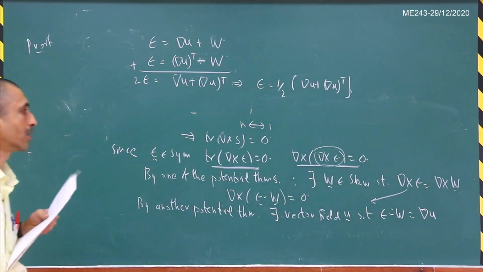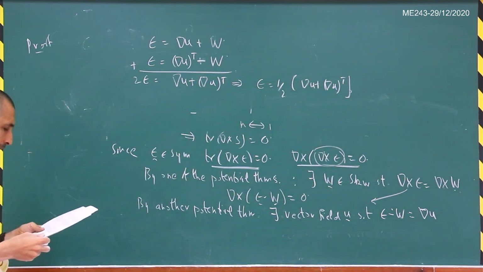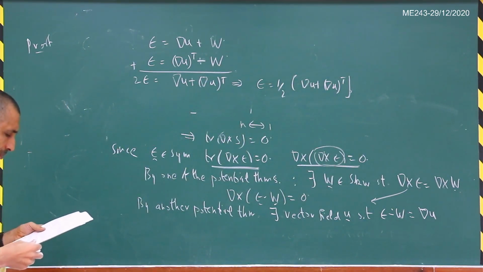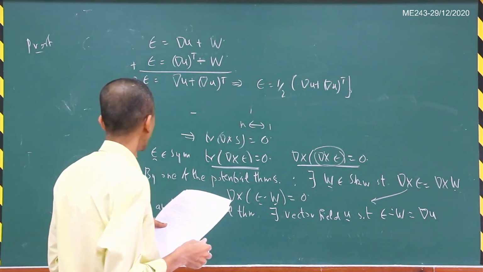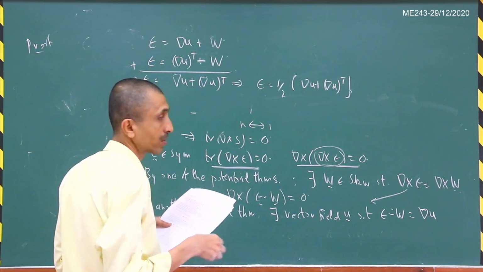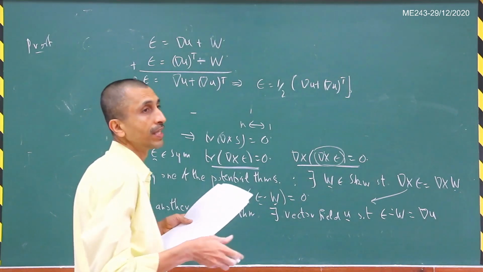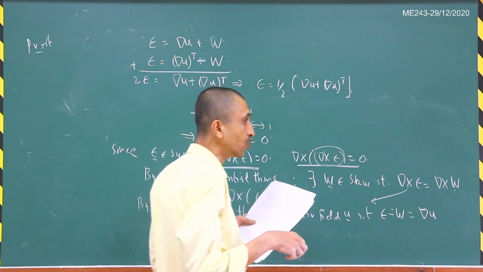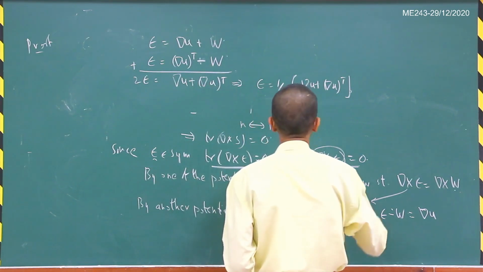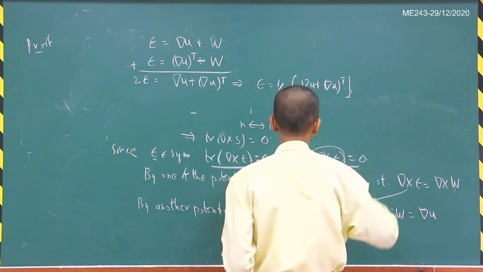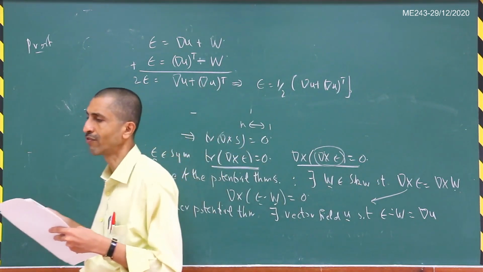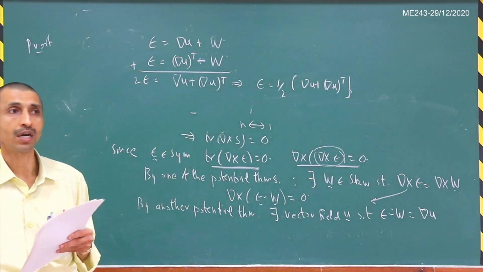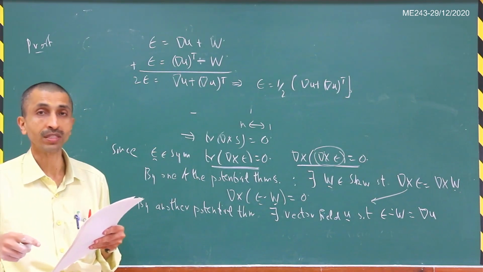So what we have shown is that if del cross epsilon is equal to 0, then there exists a vector field u such that epsilon is equal to half of del u plus del u transpose. You may wonder where we have used the fact that the domain is simply connected.